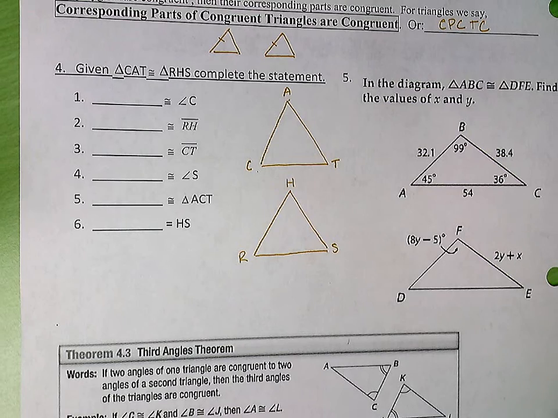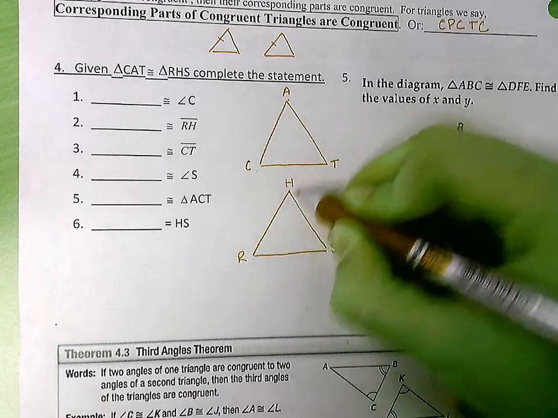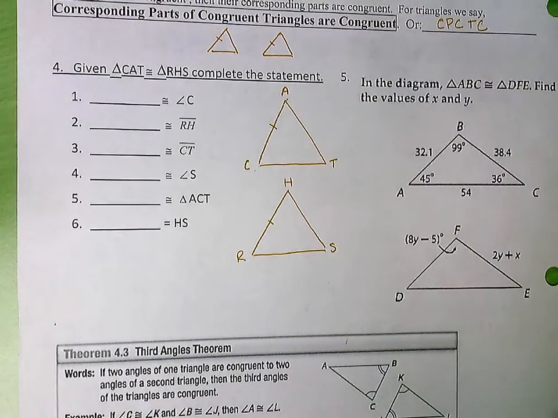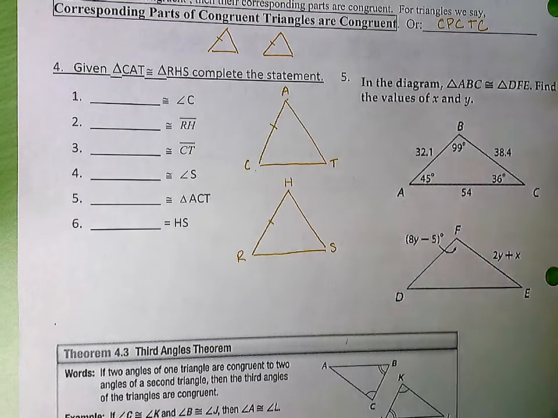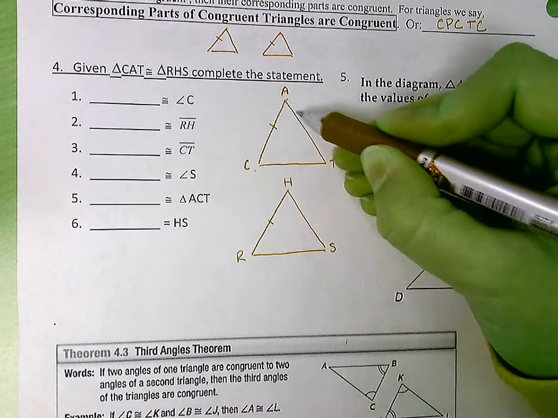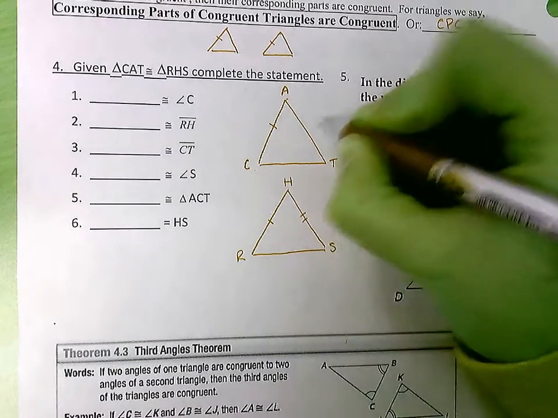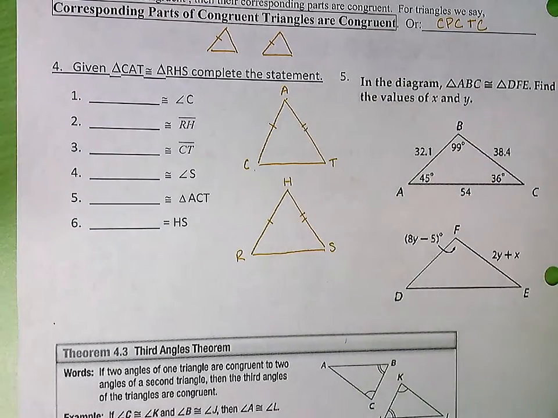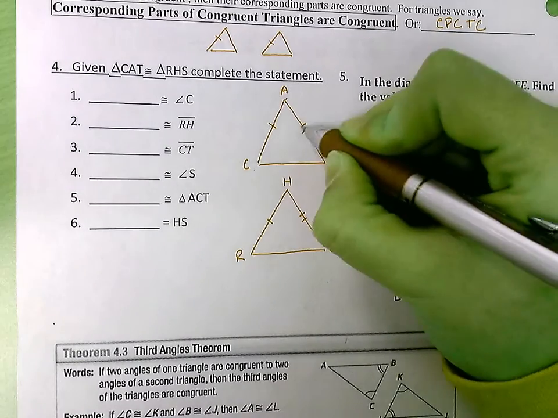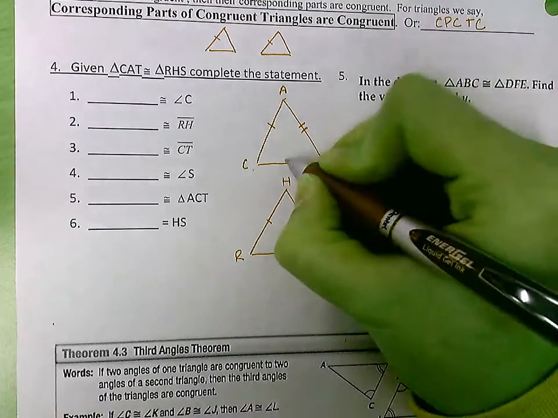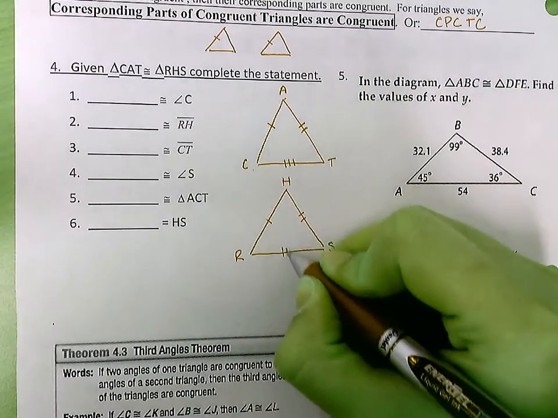Now I know these corresponding parts are congruent. So that means this side will be congruent to this side. So I can label that in my triangle. Same thing with this right-hand side here, AT, should be the same as HS. So I'm going to label that with 2 dashes. The ones at the bottom then also have to be congruent, so I'll label that with 3.